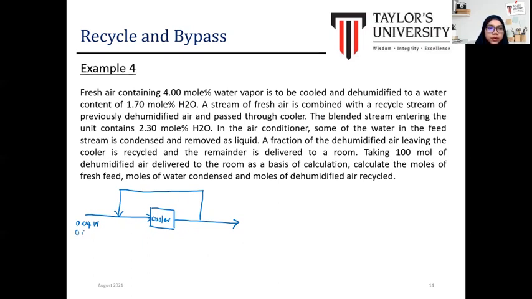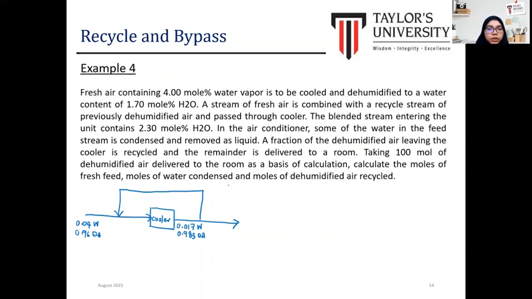So we have 0.96 dehumidified air, and then it produces 0.017 water. So the balance is 0.983 dehumidified air.